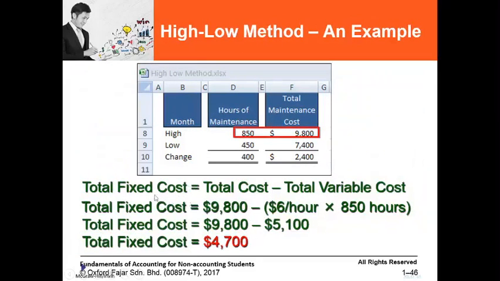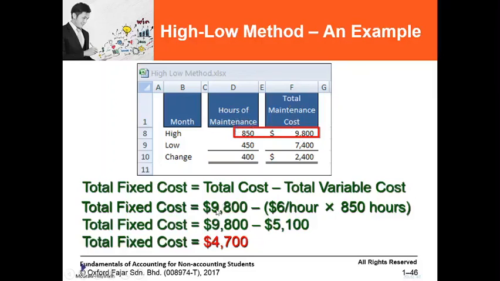Okay, so the total fixed cost is total cost minus total variable cost. You can use whether the high information or the low information, but make sure if you are using the high information, use the total maintenance cost for the highest point and also the hours of maintenance for the highest point.